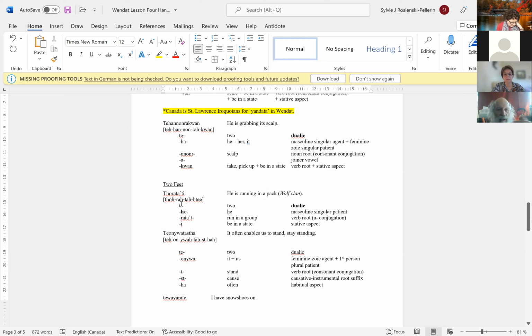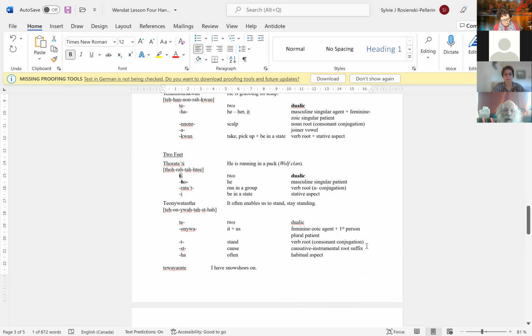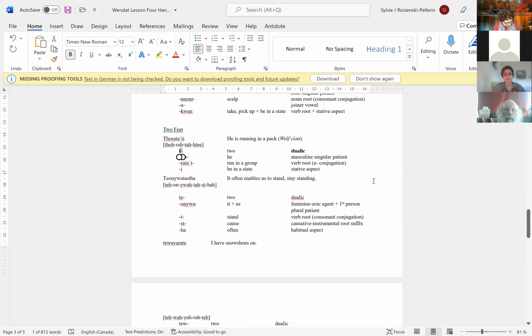So that's the way I write it, because that was the way it was typically written. And again, 2 feet, therefore dualic. So it's that regular dual rule.